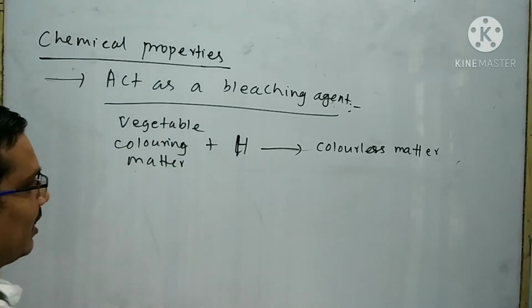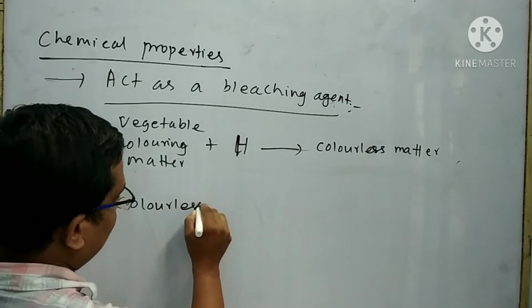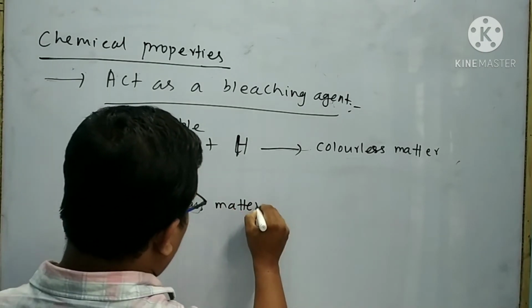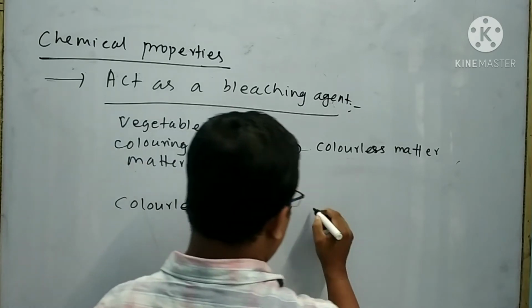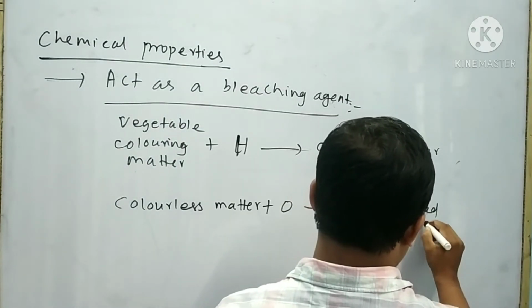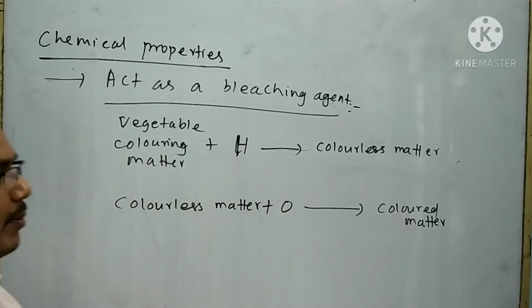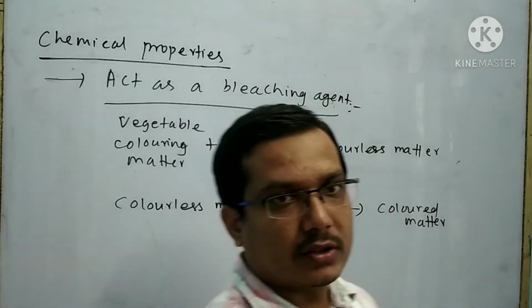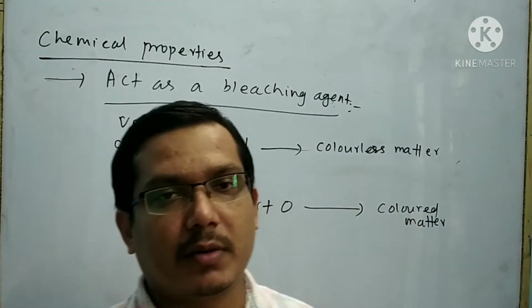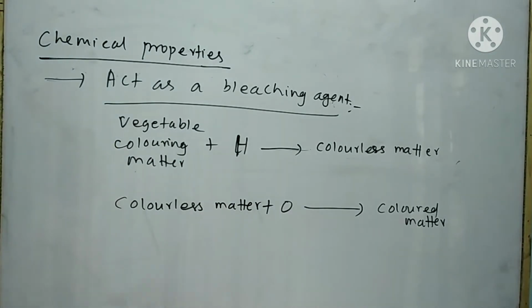So I can write the reaction like this: colorless matter plus nascent oxygen gives a colored matter. Due to this reaction, the bleaching action of sulfur dioxide is not permanent. It is a very important reaction.